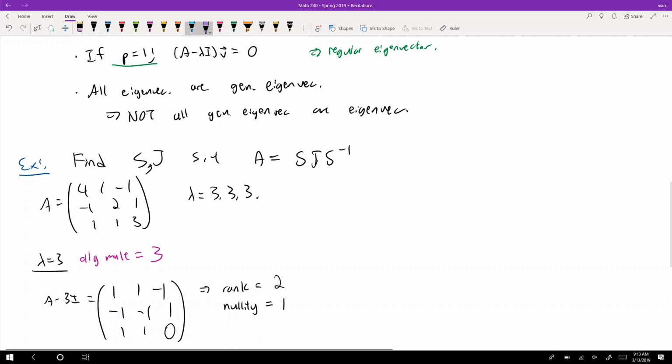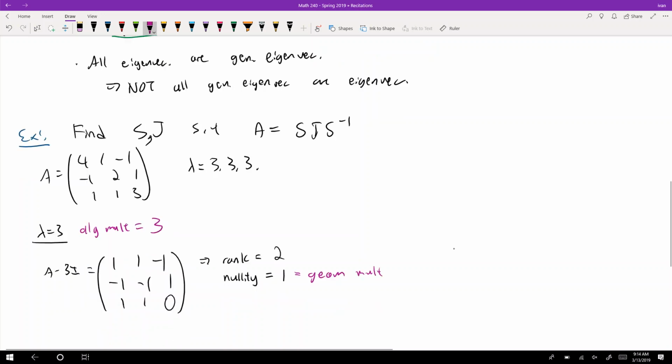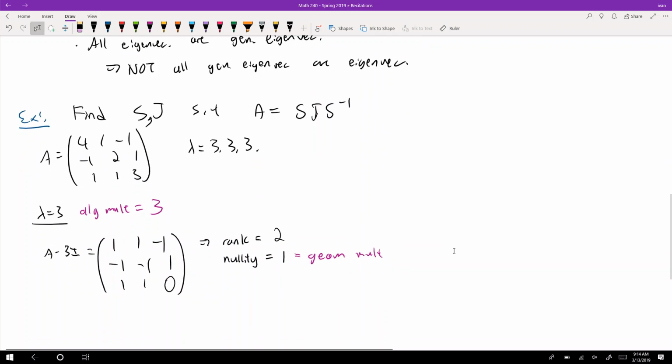And remember, the nullity is the geometric multiplicity for that lambda. So for lambda equals 3, the geometric multiplicity is less than the algebraic multiplicity, right? 1 is less than 3, and so we have a defective matrix.